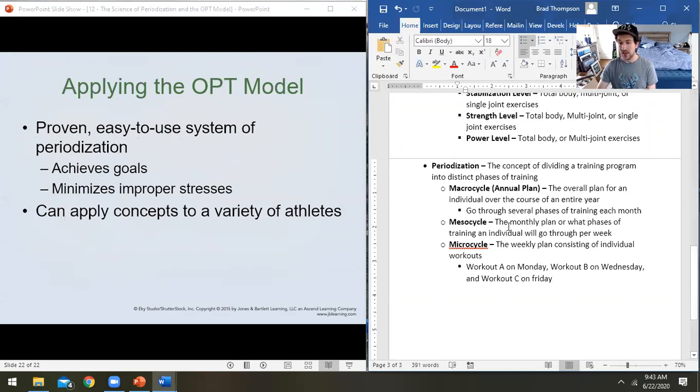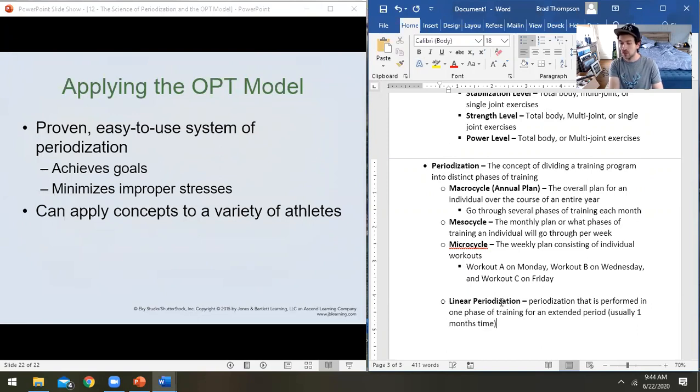Now, I want to go back to periodization here real quick, because there are 2 terms that I need you to know. They were mentioned really briefly. So when it comes down to periodization, we have linear periodization, which is periodization that is performed in one phase of training for an extended period, usually 1 month's time.